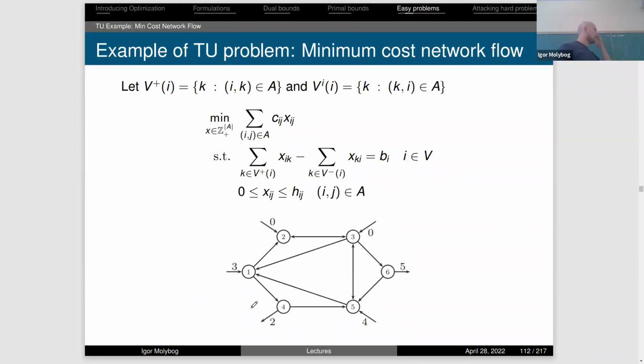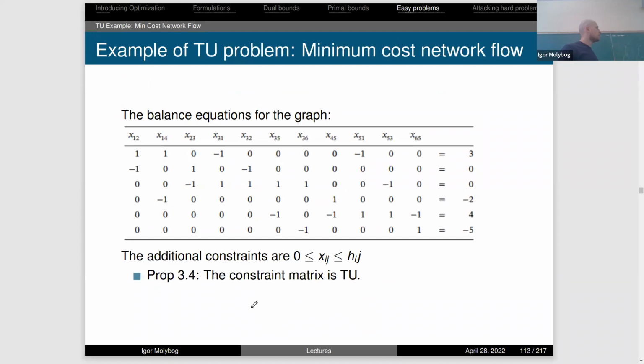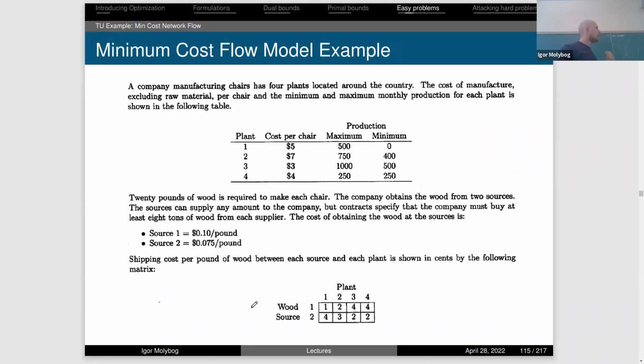We have seen examples of totally unimodular matrices, for example, in the minimum cost network flow. And we have seen an example of a formulation of a minimum cost network flow, both during the lecture and also during the discussion section.